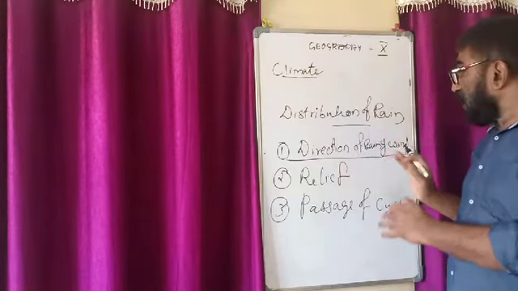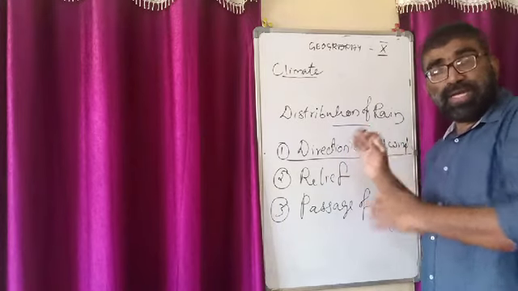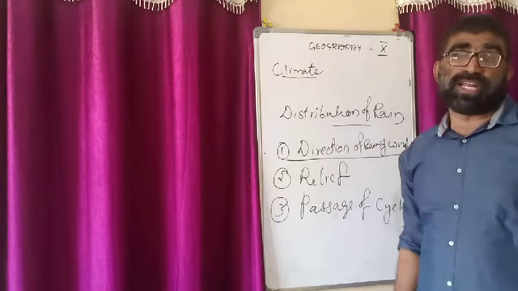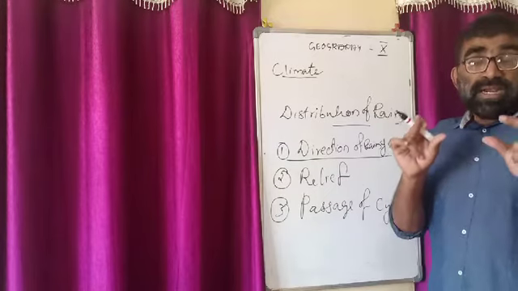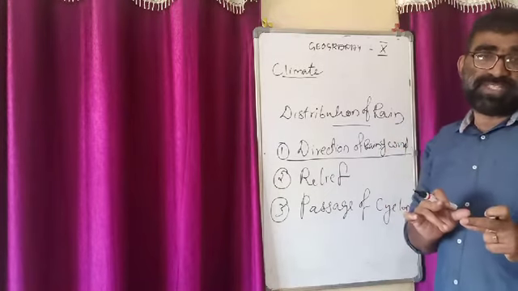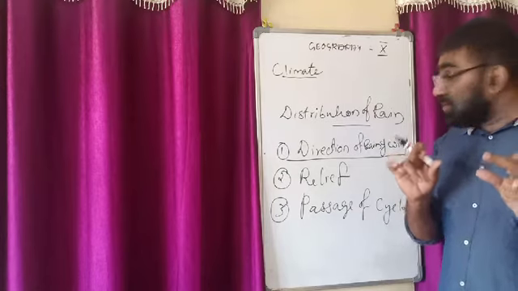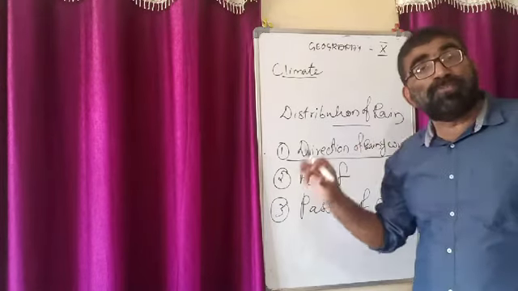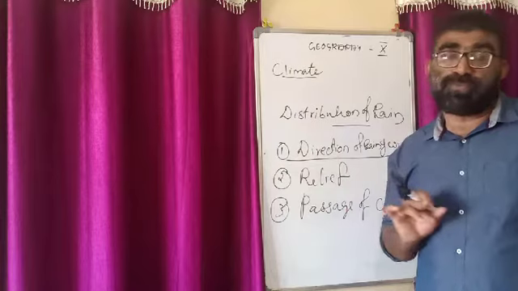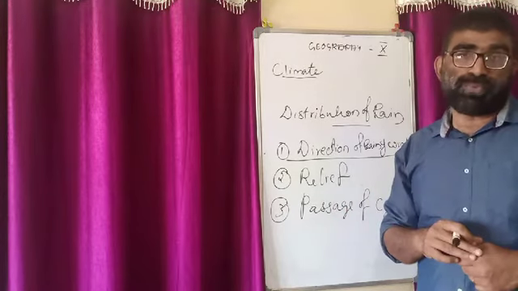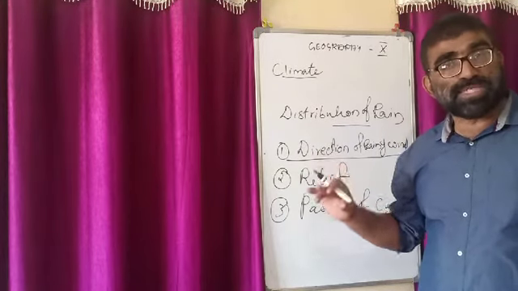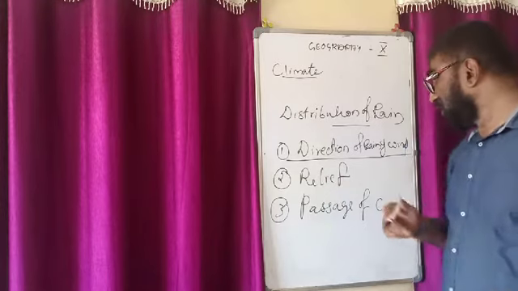Even the regions located in the Bay of Bengal branch also receive heavy rainfall. That means the direction of the rain bearing winds, the direction of the moisture laden winds, is responsible for the uneven occurrence of rainfall. It is one of the factors causing uneven rainfall here.